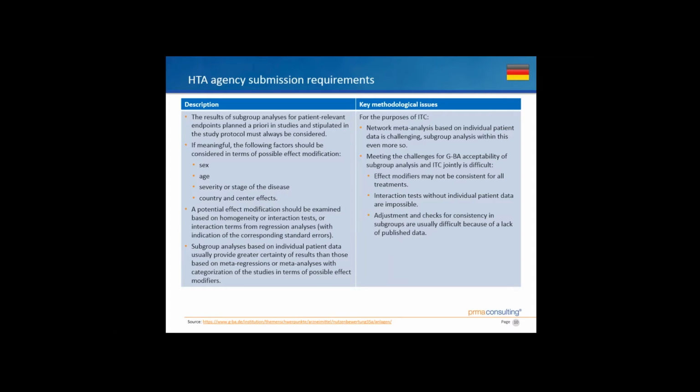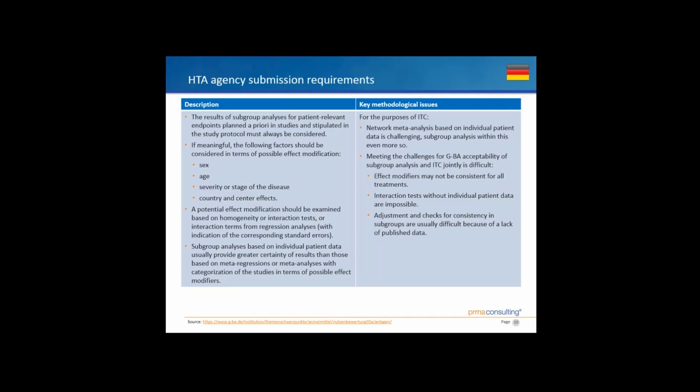So I had this last time as well, and I'm not going to go through these in detail, but these are just some of the stylized agency requirements for some certain countries. Germany is an obvious example of this. Everybody listening should be familiar with subgroup-based challenges with the GBR, indirect treatment comparison-based challenges with the GBR.